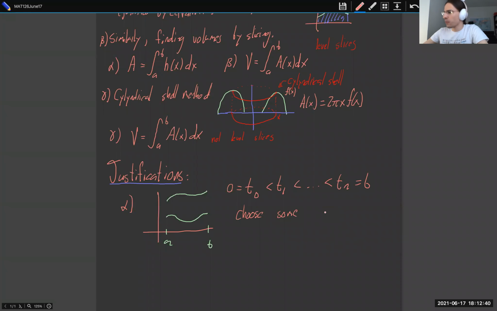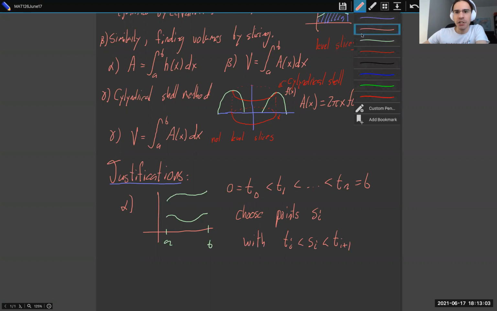I'm going to call this point S sub I. So choose points Si with Ti being less than Si being less than Ti plus 1.